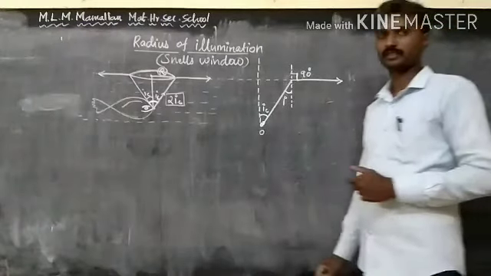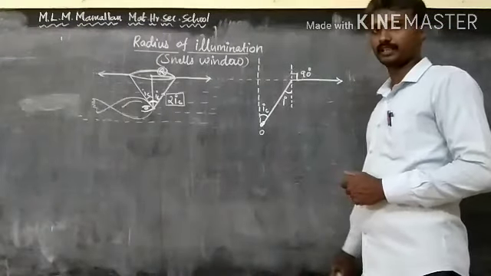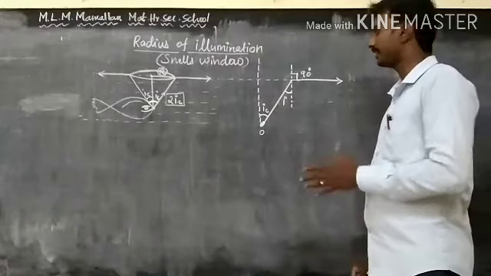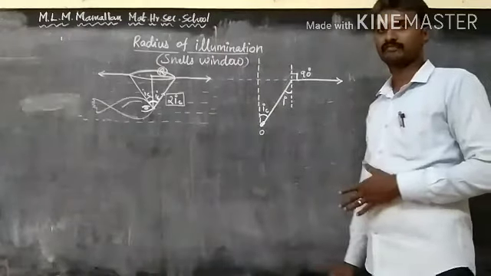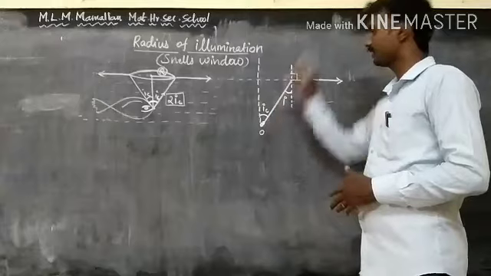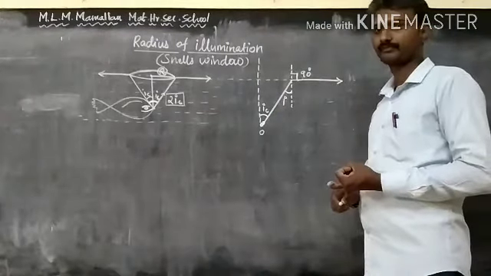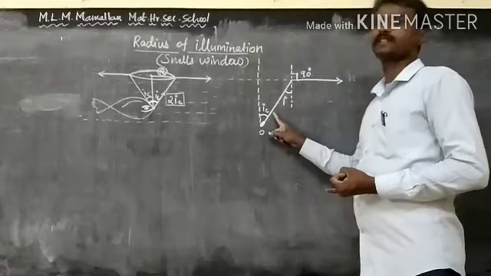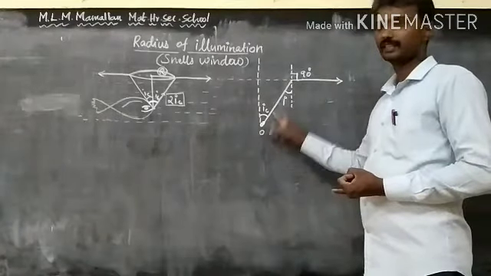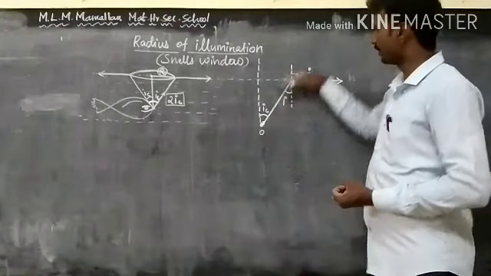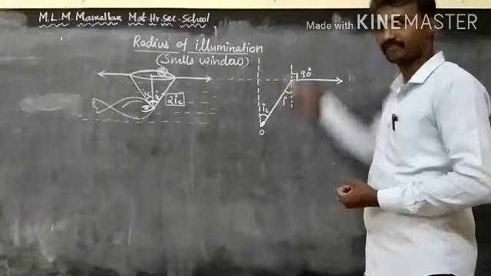You know very well the conditions of total internal reflection: the light rays must travel from the denser medium to the rarer medium, and the angle of incidence must be greater than the critical angle. So beyond this critical angle, the total light rays are reflected.